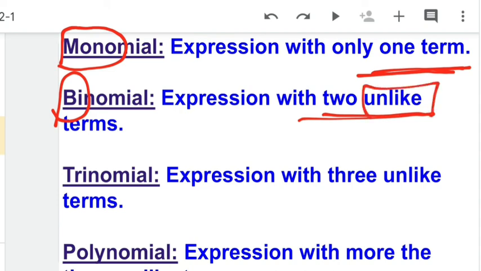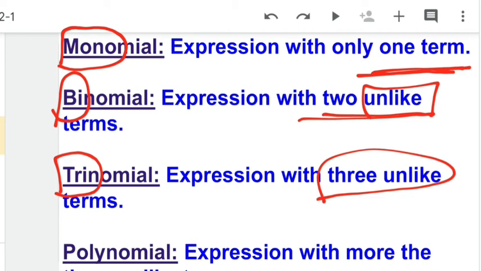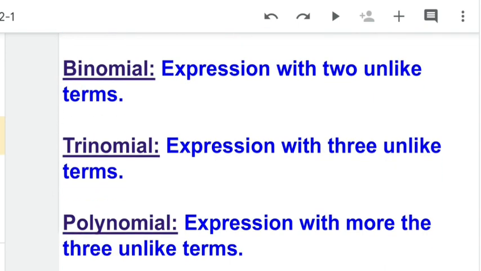Unlike means which have different variables. Like and unlike terms we will discuss in the second class. Trinomial is where we have three unlike terms. Poly means the expression where we have more than three unlike terms.